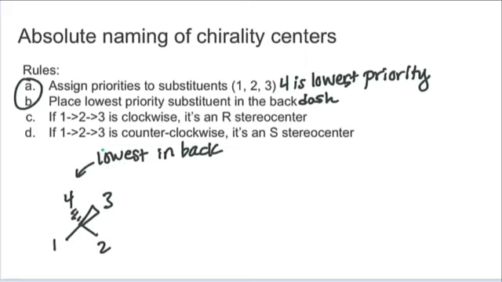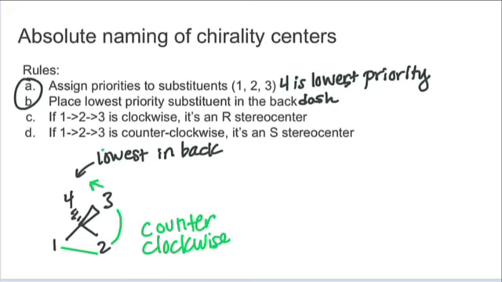If we do that without picking up our pencil, going from 1 to 2 to 3, we follow a counterclockwise direction. That means this is an S stereocenter. Whenever we can move from group 1 to 2 to 3 in a counterclockwise direction with the lowest priority group pointed back, this is an S stereocenter.